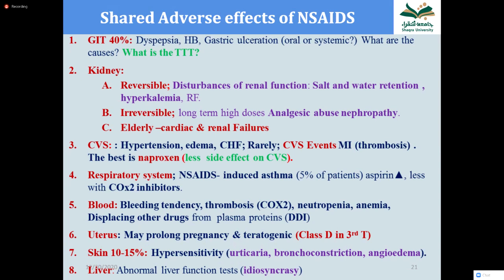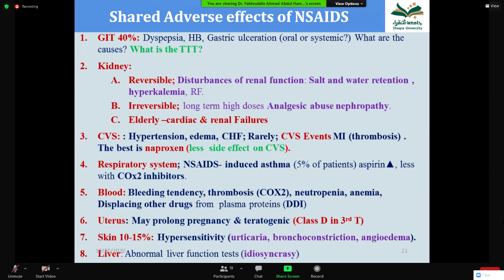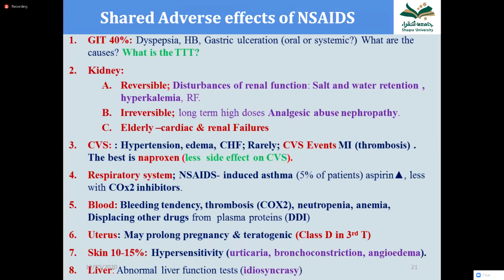Then kidney: a reversible effect is disturbance of renal function because of salt and water retention. It may lead to hyperkalemia and renal failure also. But there are some irreversible effects which are due to long-term use of high doses of analgesics or NSAIDs. This is called analgesic abuse nephropathy. In the elderly, there will be chances of cardiac and renal failure, so you should give it carefully.